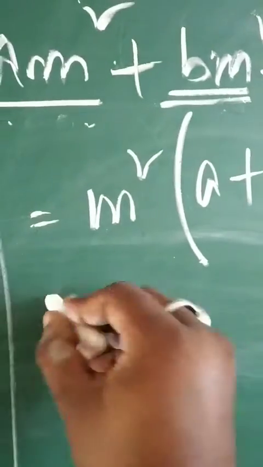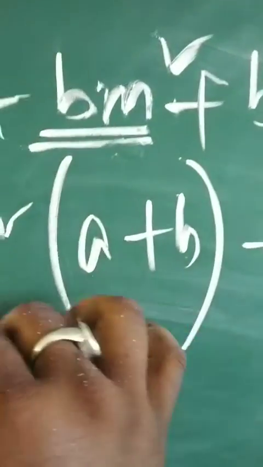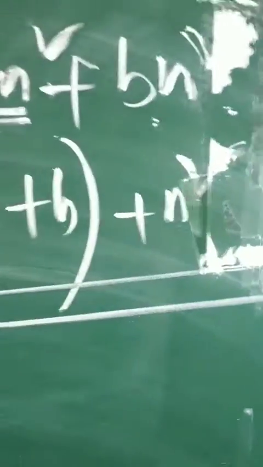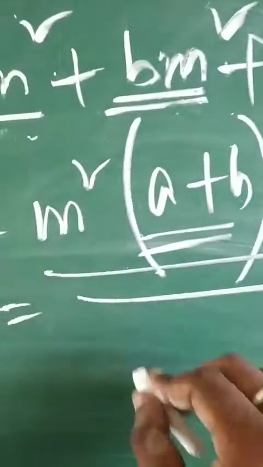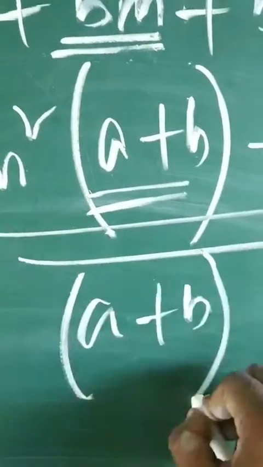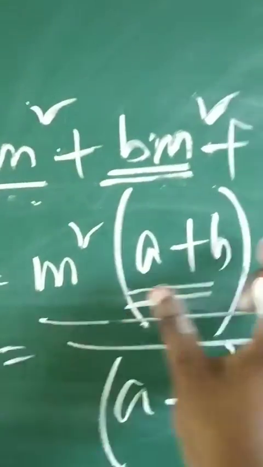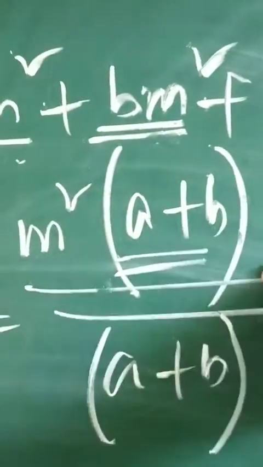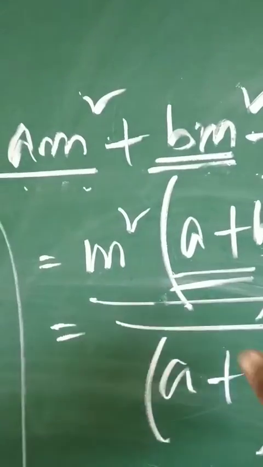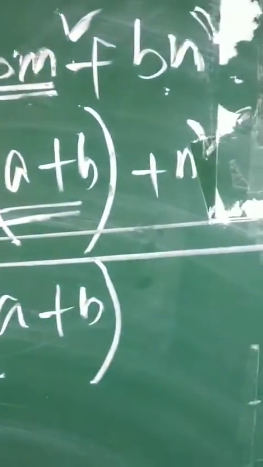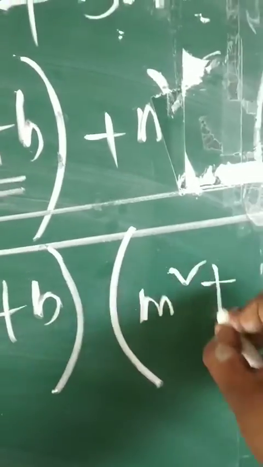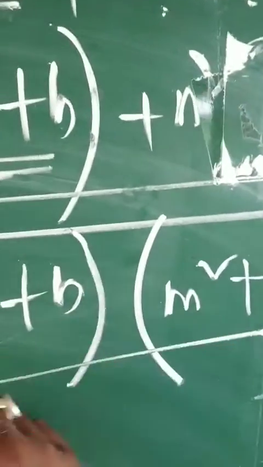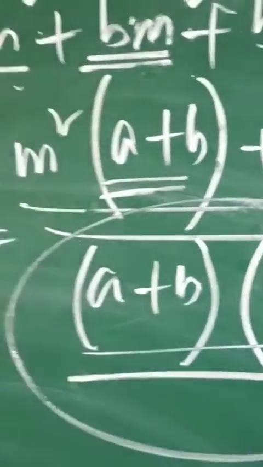A plus b. So now, from this particular line, one new concept will be introduced. Here is a plus b, here is a plus b. So both the places we have got a plus b, so we are going to take away a plus b. What will be left? M square plus n square. That's all. This is my answer.